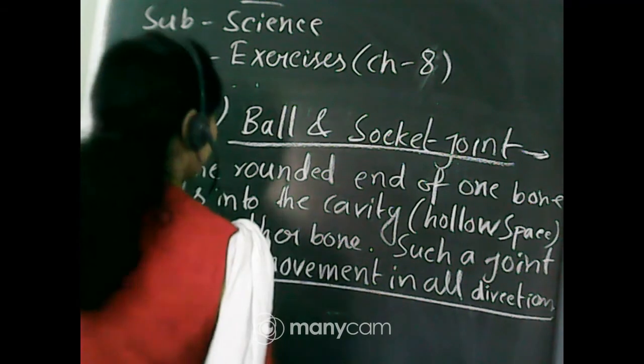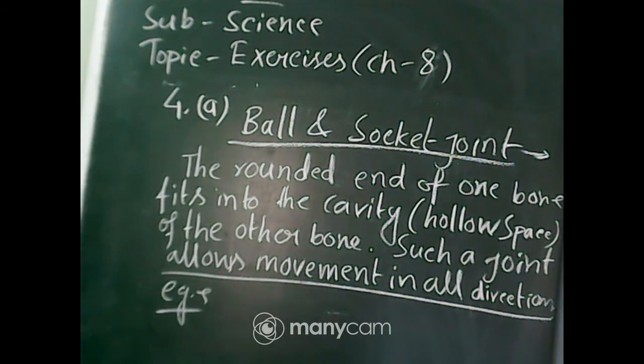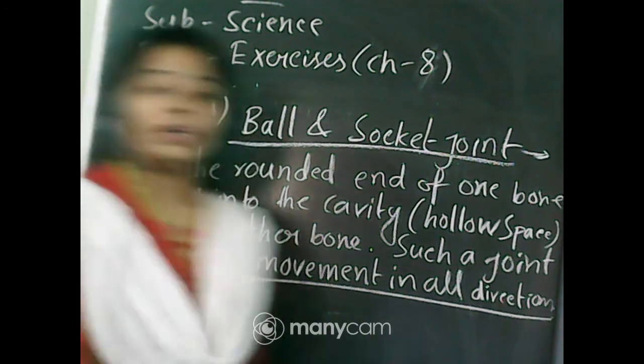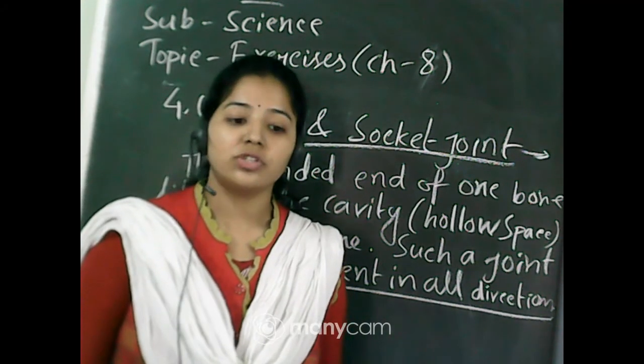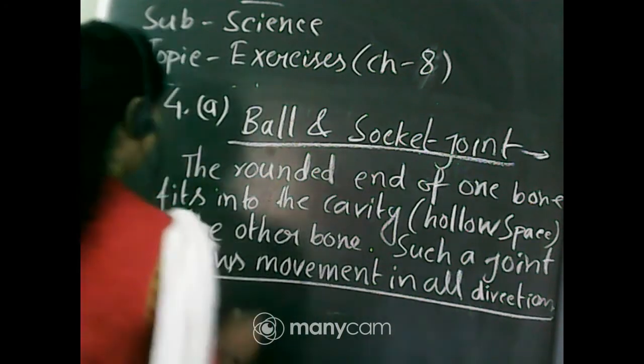What is a ball and socket joint? I know most of you can do this answer. Just try to write by your own what is a ball and socket joint, then I am telling the answer. Just think of it, which are ball and socket joints in our body. Just like our hip joint, then shoulder joint, these all come under ball and socket joints.